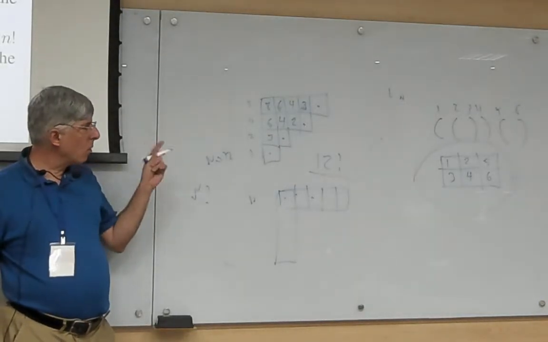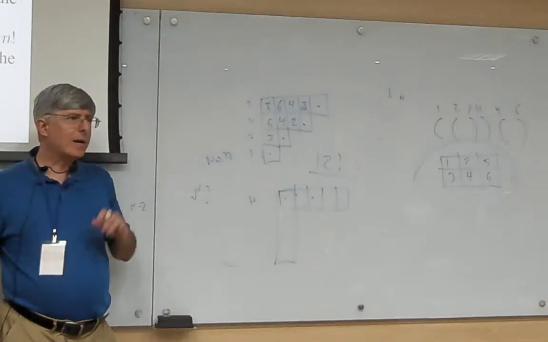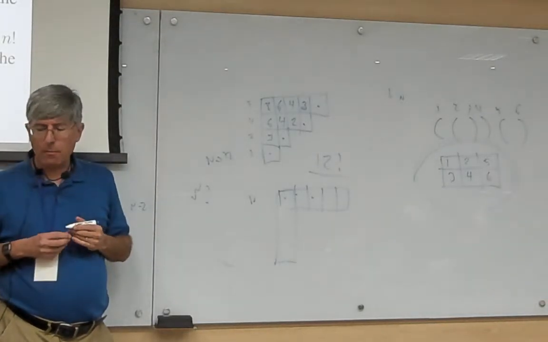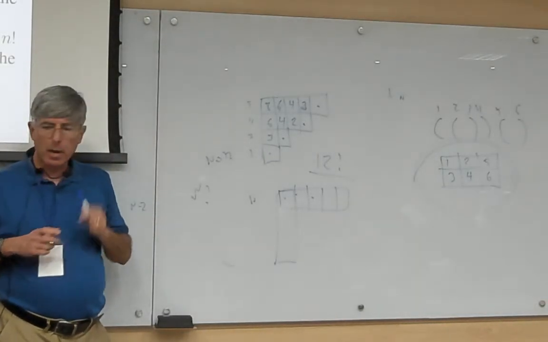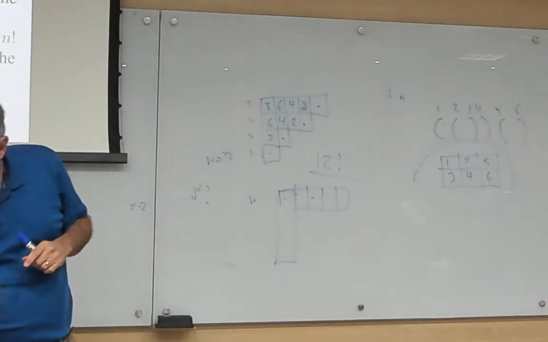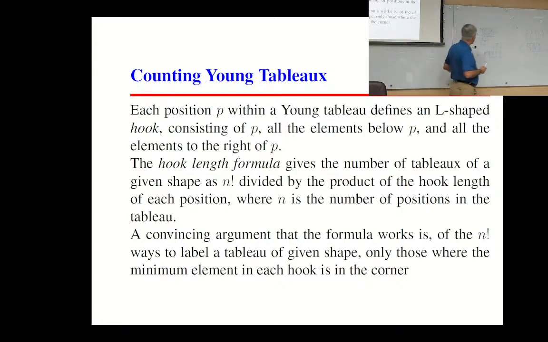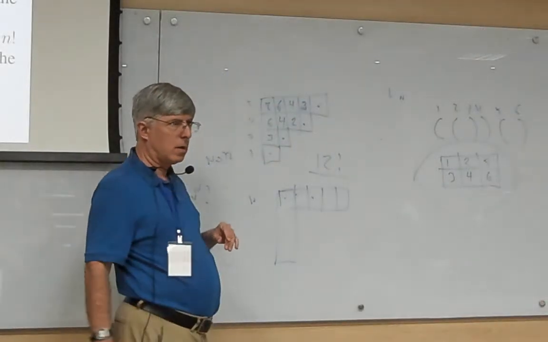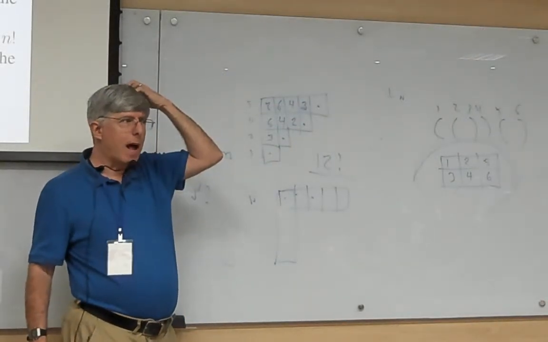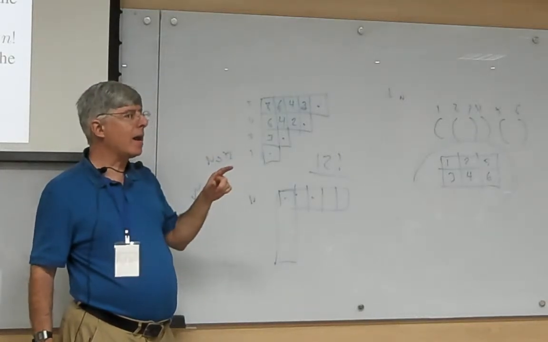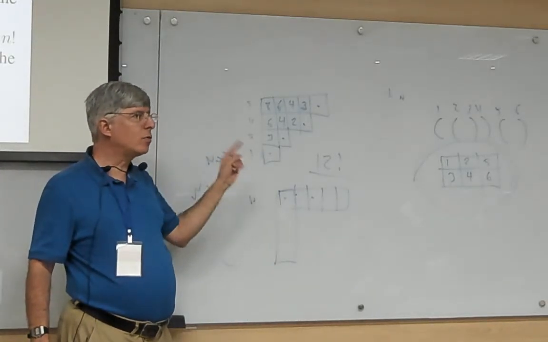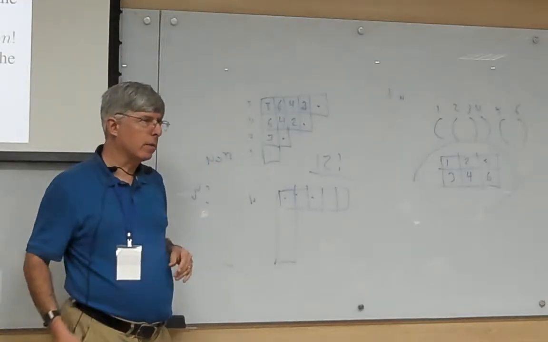Why does this formula work? The exact reason why is complicated. But an argument that is close enough is to think about what fraction of the assignments are young tableaux. If I have a table of n cells, how many ways are there to map the numbers 1 to n to those n cells if I didn't care about the ordering?